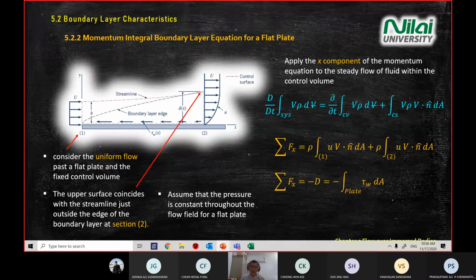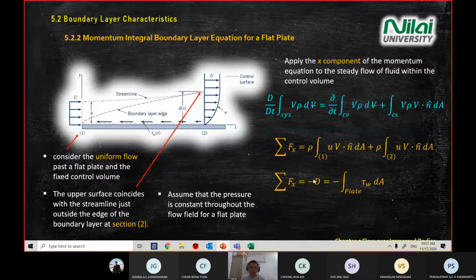Now we know that our velocity direction can give us a force, whether it's lift or drag. If you look at the x direction, and the force is parallel to the upstream, then we are calculating the drag. In this case, we assume that all directions to the right are positive, and the drag is opposite, flowing from right to left, so we put a negative sign here.